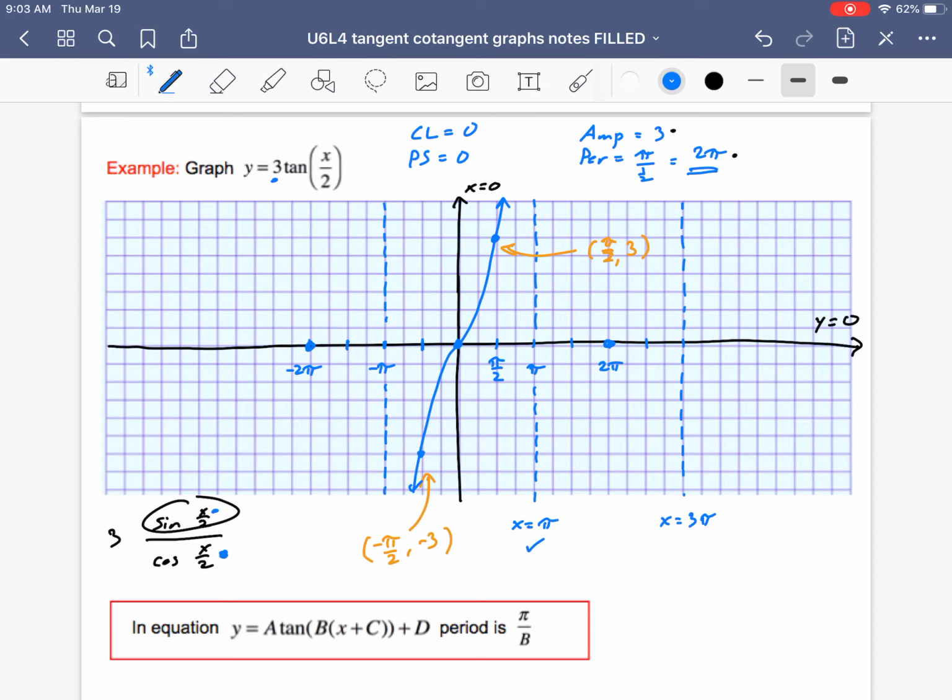And then I can just transfer the points. This point here is going to be 2 over, 1, 2, 3, 4, 5, 6. All right, and we get another cycle of the tan graph. Okay? So, yeah, they're different, but not too bad once you practice and get the hang of it.